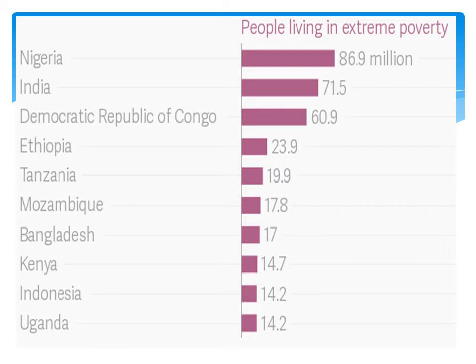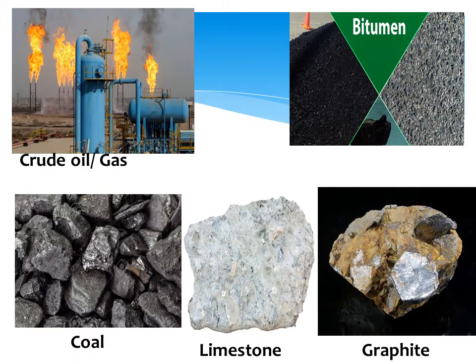But as of today, Nigeria is the poorest country in the universe with 86.9 million people living in extreme poverty. Let's highlight some factors that contribute to poverty in Nigeria.